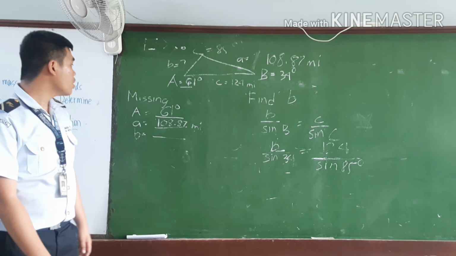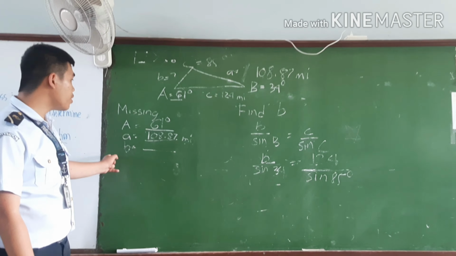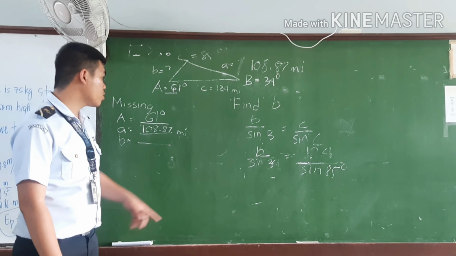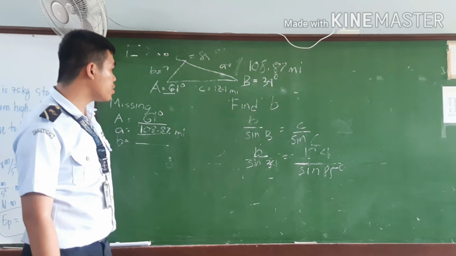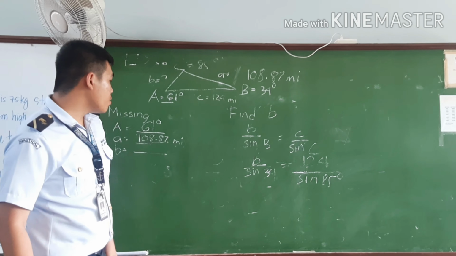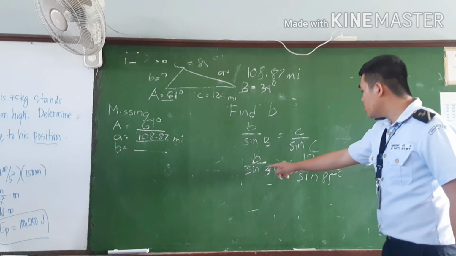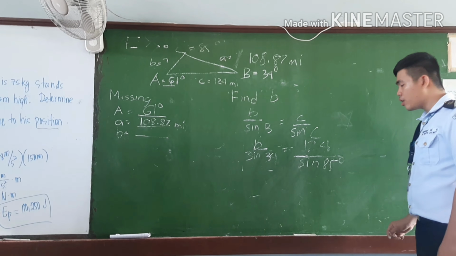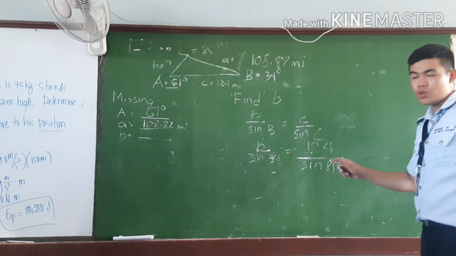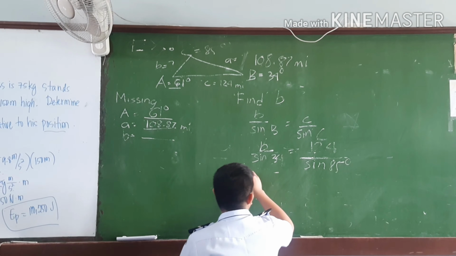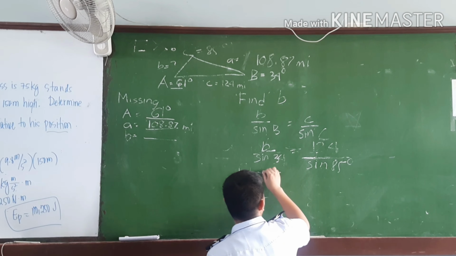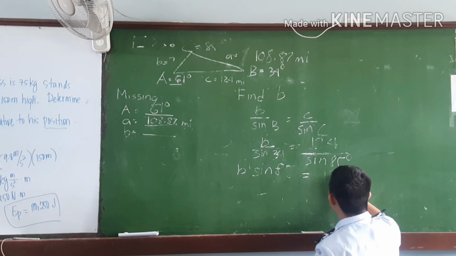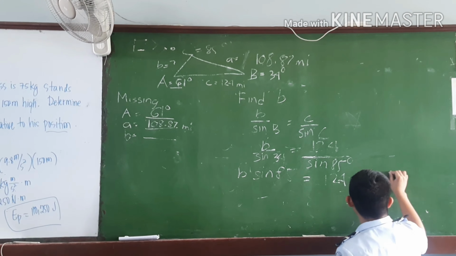In order to get the final missing part, side B, we must use the sine law. So B over sine B equals C over sine C. So B over sine 34 degrees equals 124 over sine 85, and we cross multiply. So B sine 85 equals 124 sine 34.